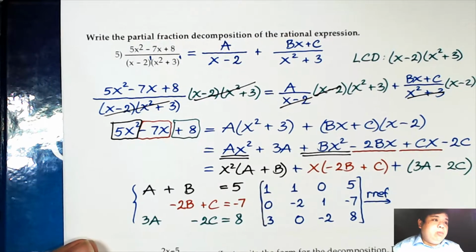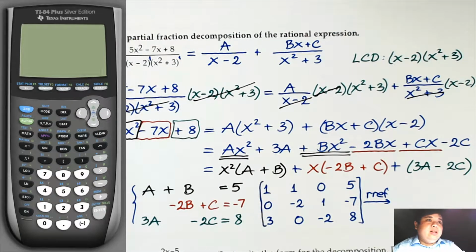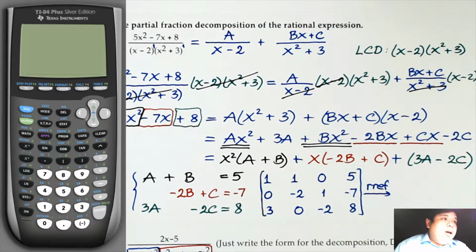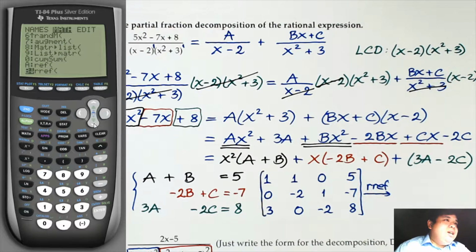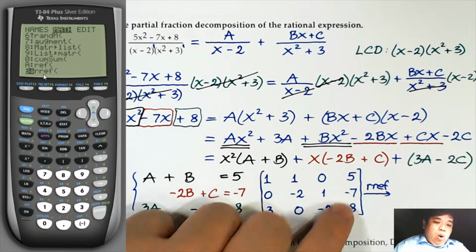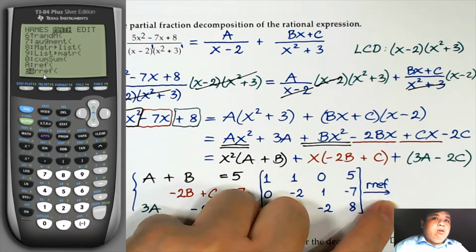Right, now we bring up the calculator. So we will hit second, the x to the negative 1, go to math, and go down to the option where it says RREF, reduced row echelon form.